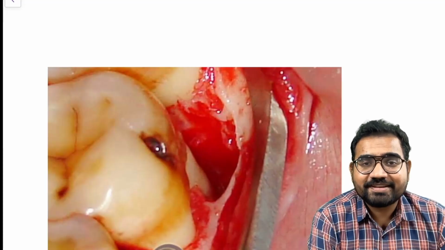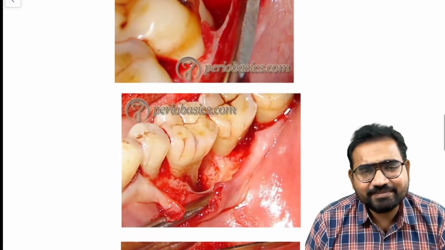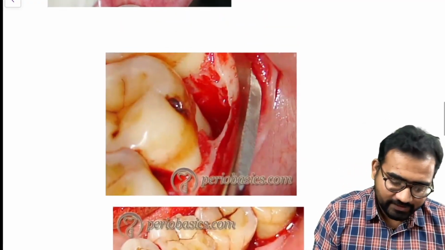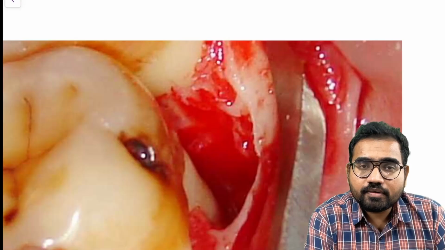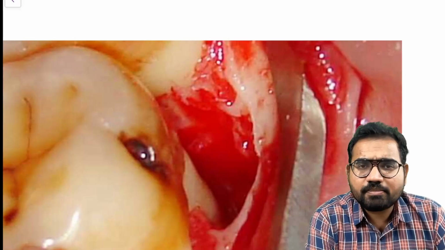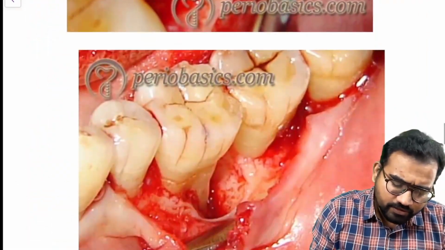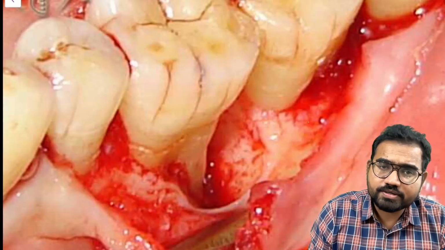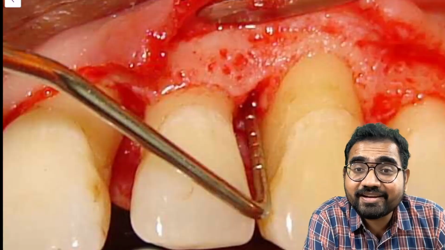This image depicts some kind of a wall defect. As you can see here, all the walls are present except the buccal wall. The buccal wall is slightly destroyed. Take a look at this picture again: the buccal wall is present, but an interdental wall is destroyed.